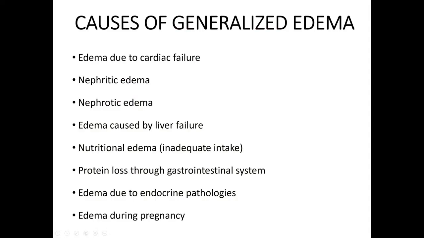Causes of generalized edema: edema due to cardiac failure, nephritic edema, nephrotic edema, edema caused by liver failure, nutritional edema, that is inadequate intake of proper nutrition, protein loss through the gastrointestinal tract also causes edema, edema due to endocrine pathologies, and edema due to pregnancy.